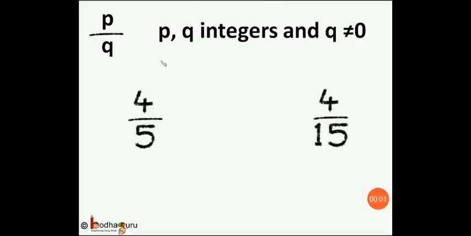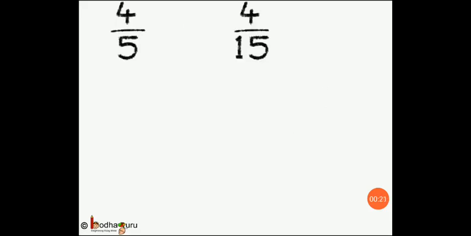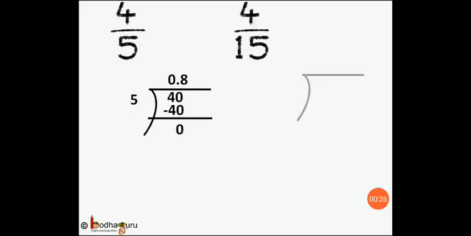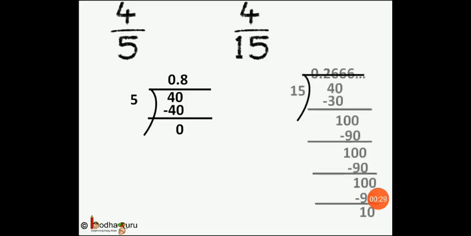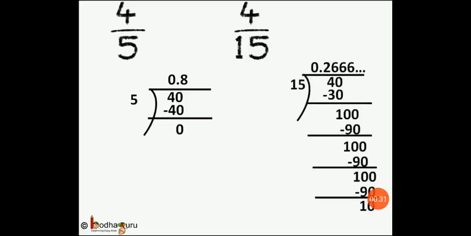Can you say anything about the decimal expansion of 4 by 5 and 4 by 15? Both are rational numbers. What kind of decimal expansion do they have? Let's find out. 4 by 5, when we divide, we get 0.8, and 4 by 15, when we divide, we get 0.2666, and so on.